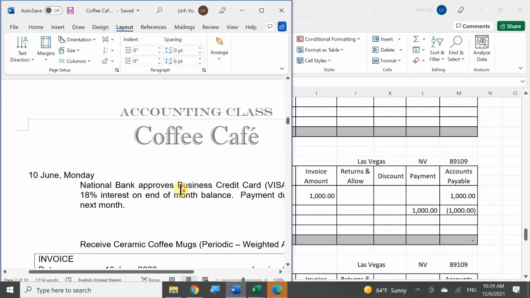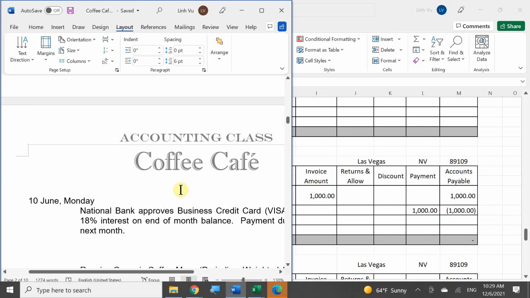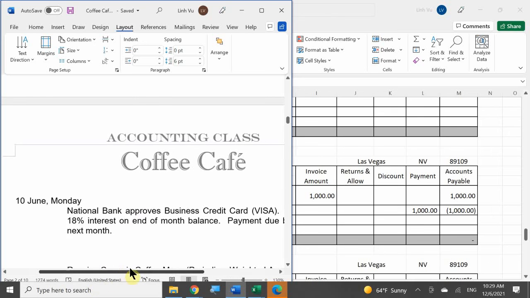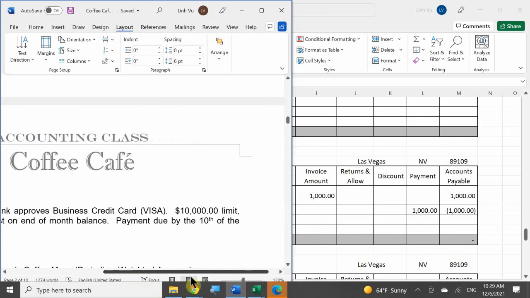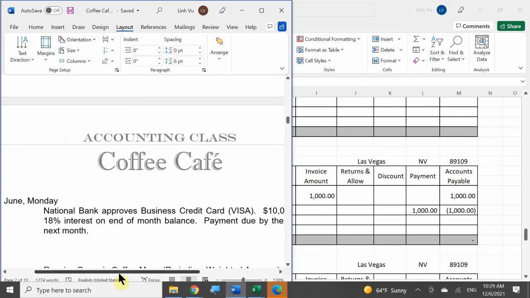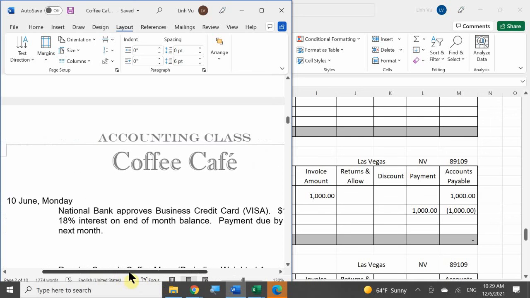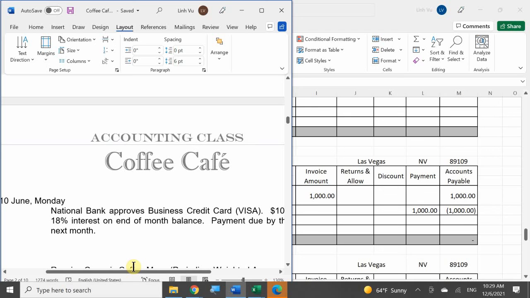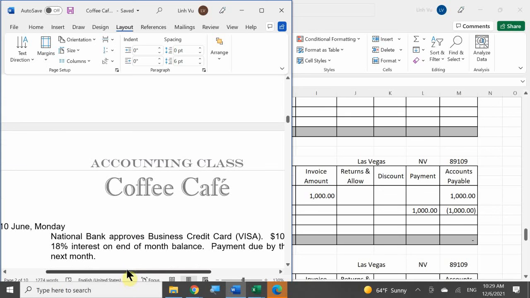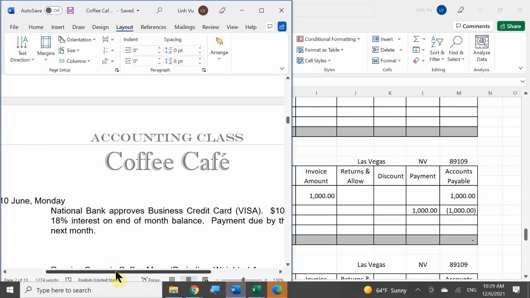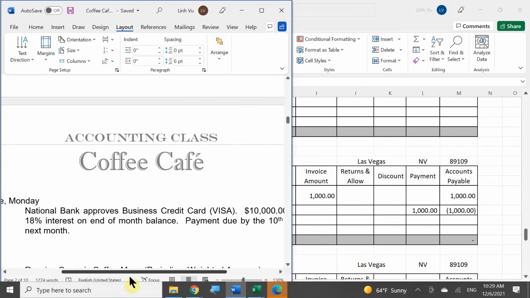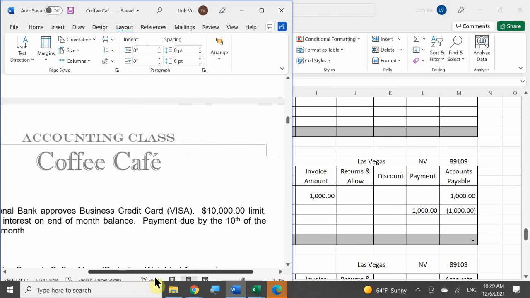Now this tells you that National Bank finally approved a business credit card. They gave you a Visa credit card, and it gave you a $10,000 credit limit. And here are the agreement terms. It is going to charge you 18% interest on end-of-month balances.